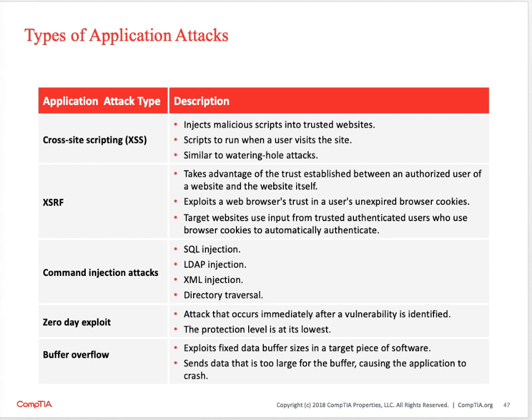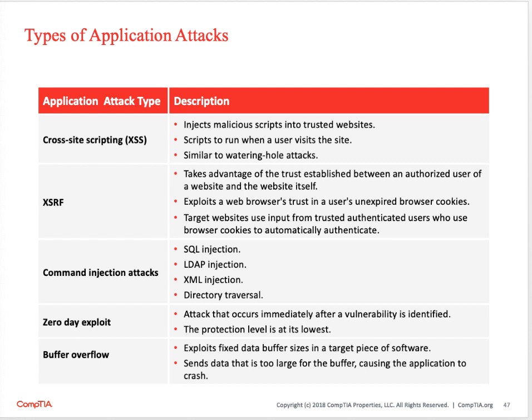Types of application attacks. There's something called cross-site scripting. This is a web application attack directed towards dynamic content that changes. It's done by introducing malicious scripts onto a trusted website.